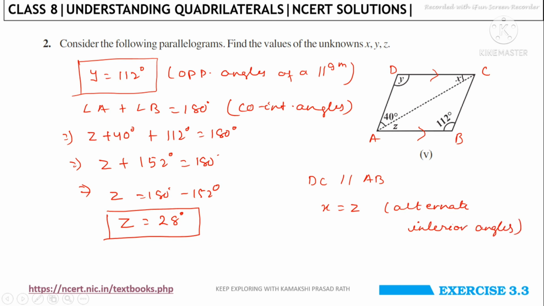You can see DC, CA, AB. So this is X and this is Z. So they form alternate interior angles. So we can say X equals 28 degrees.